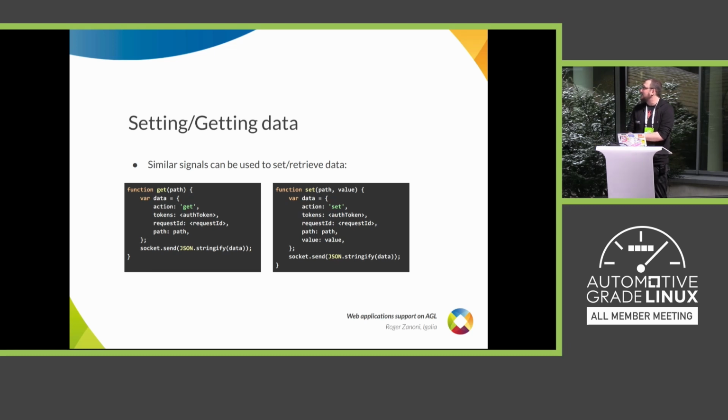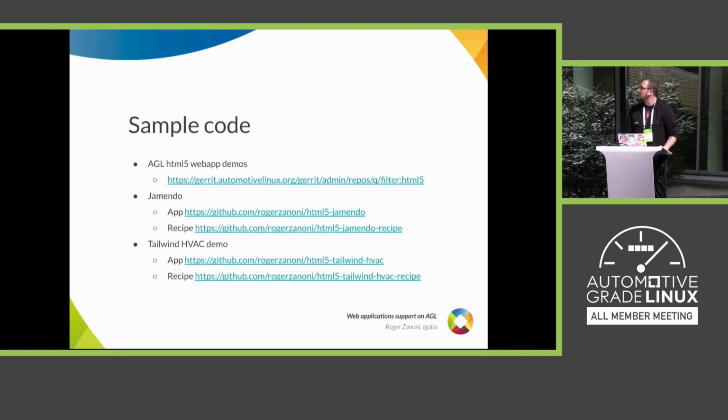And just a couple of helper functions to get a value from some path on Cuxa, or set values. And here's where you can access all the sample code that I added in this presentation. This is going to help to understand how you can add new applications.